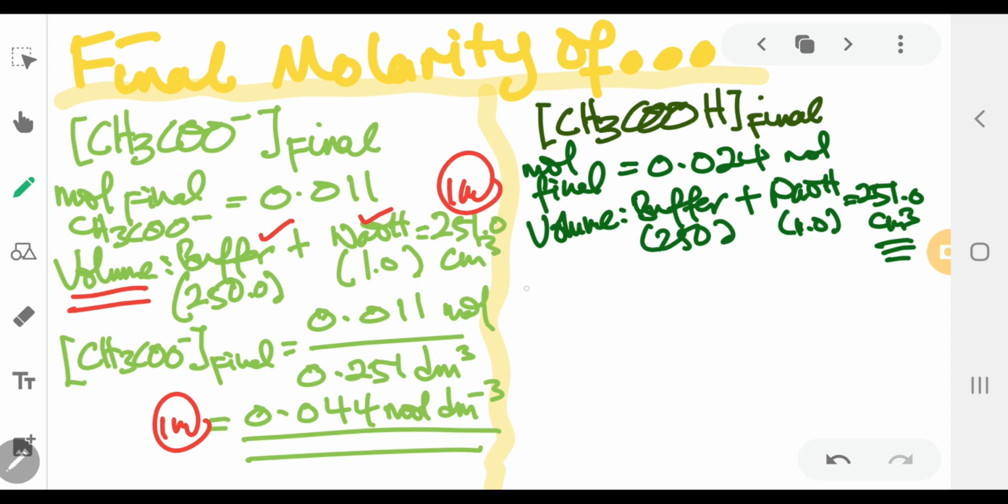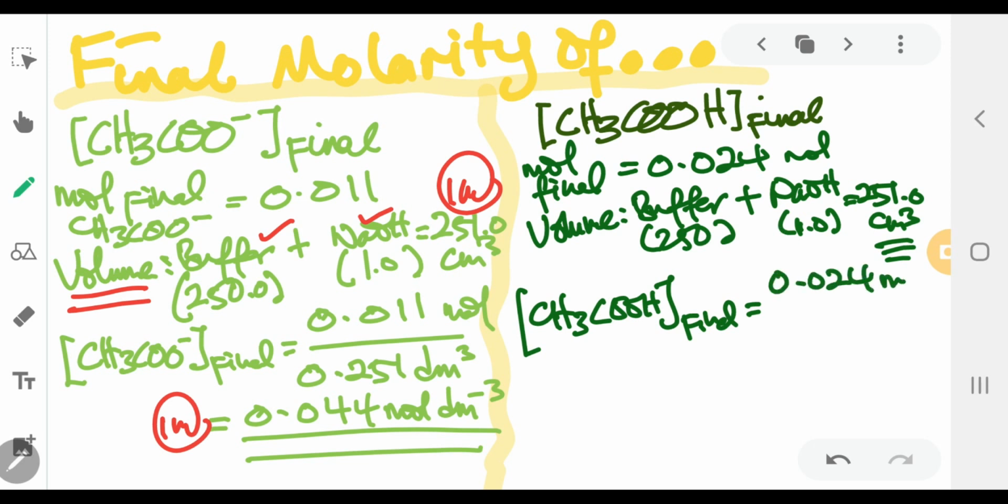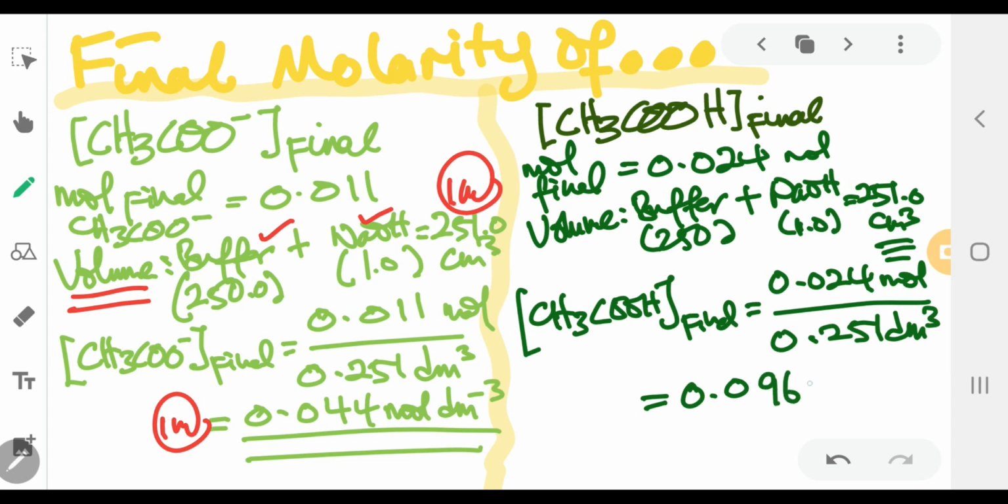Okay, so the concentration final is 0.024 mole over 0.251 decimeter cubic, which is 0.096 mole per decimeter cubic.